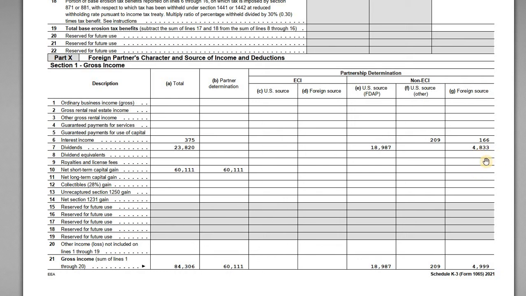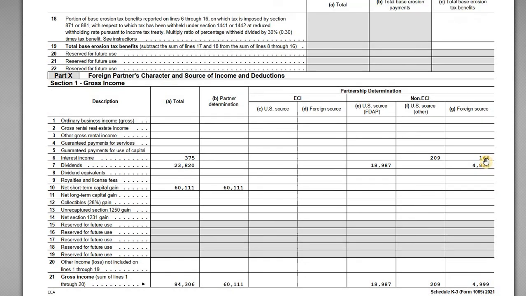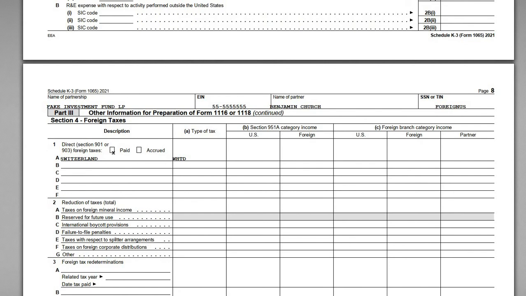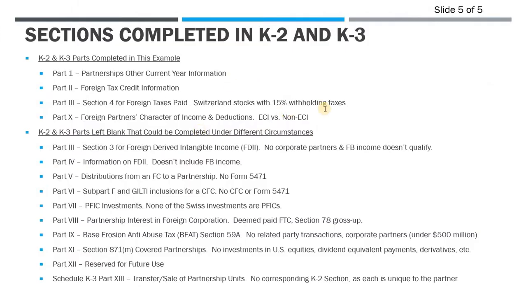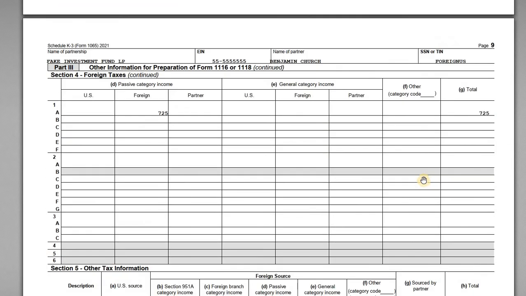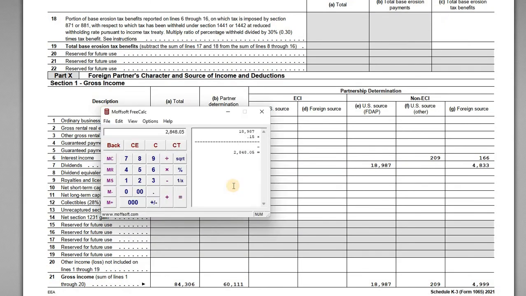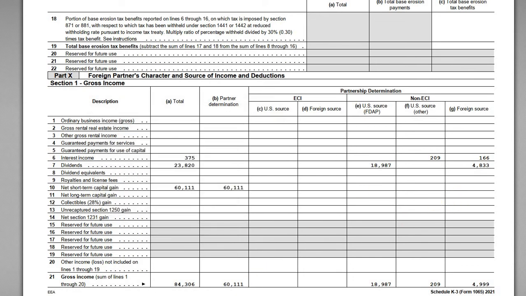So the $4,833 of dividends, if I recall correctly, I think the withholding tax rate for Switzerland was 15%, right? So 15% of the dividends here, 48.33. If we do some quick math, just to make sure these numbers make sense, 15%. So we should expect Ben to see an allocation of about $725 in foreign tax credit.